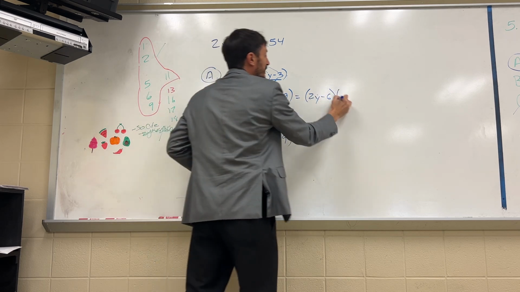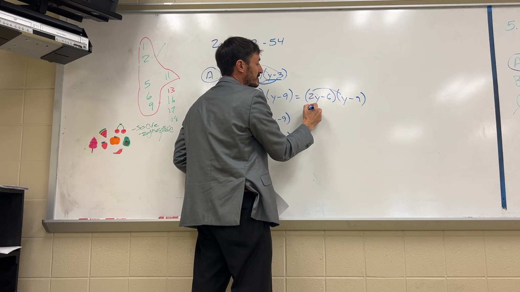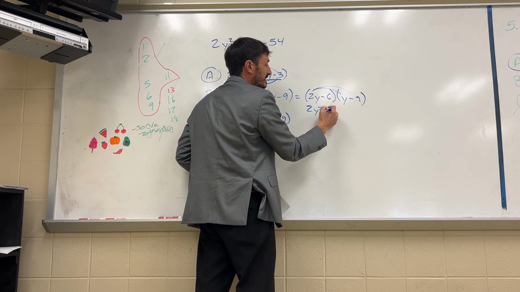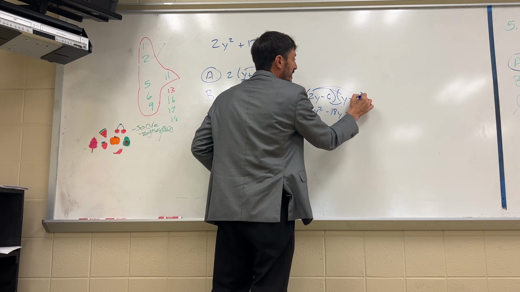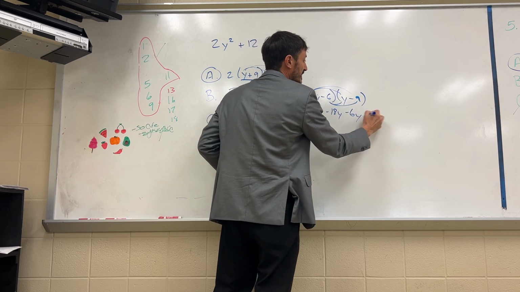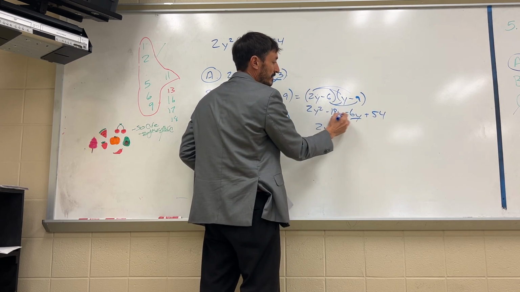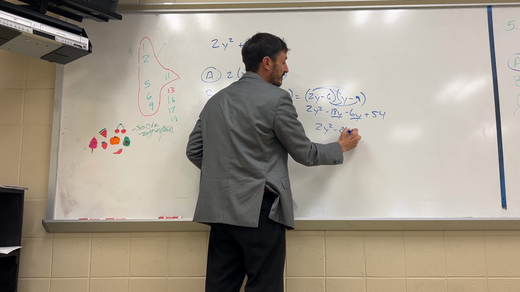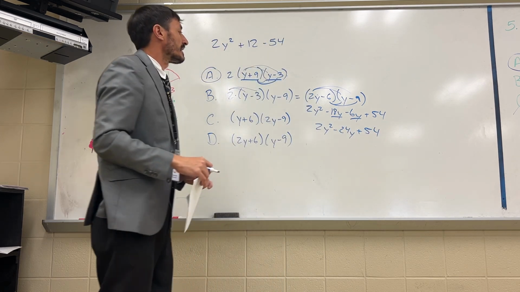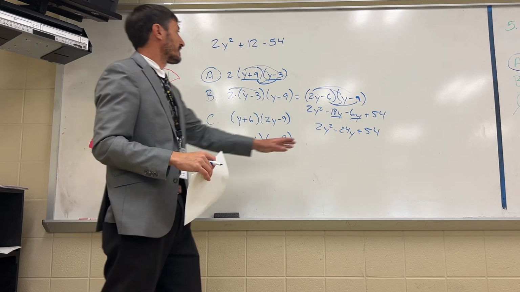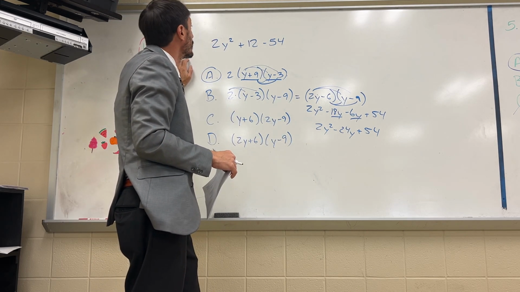And then you still have the y minus 9, and you're going to now FOIL this. 2y times y is 2y squared. 2y times negative 9 is negative 18y. Negative 6 times y is negative 6y. And negative 6 times negative 9 is positive 54. Negative 18, negative 6 make, remember, same signs we add them up, negative 24y plus 54. Okay. This is not working, because we have no match.